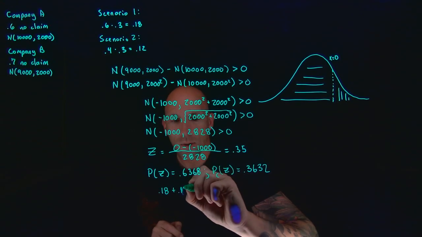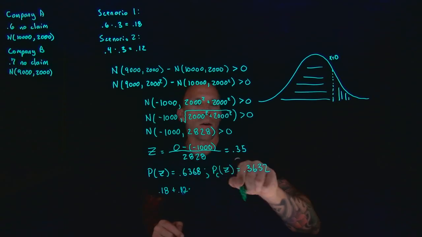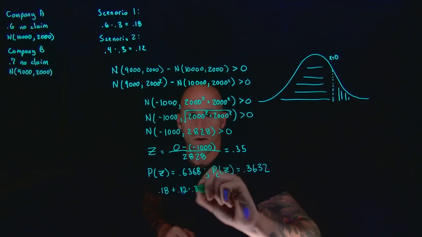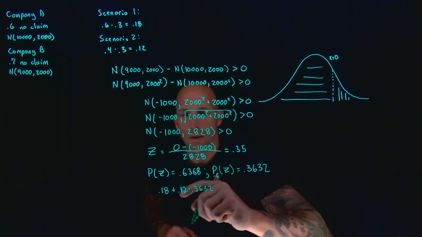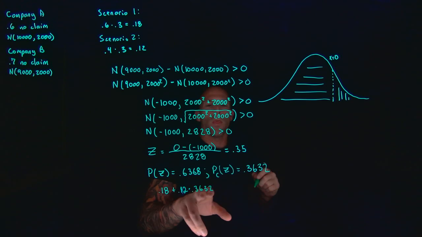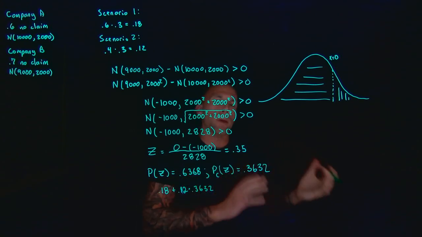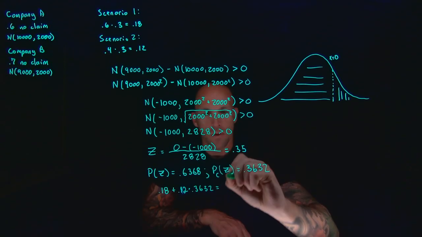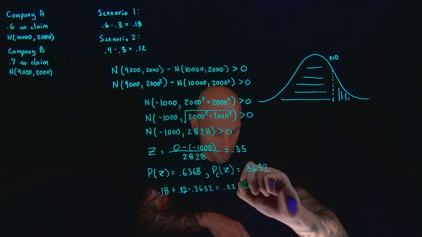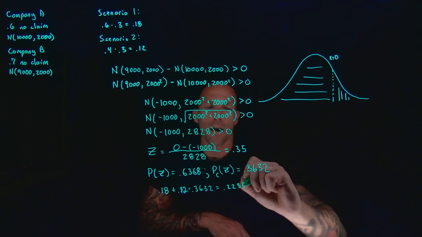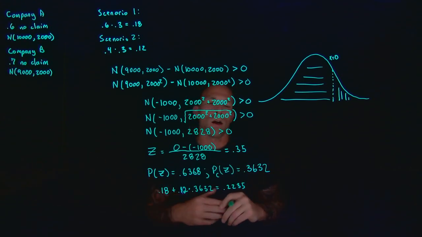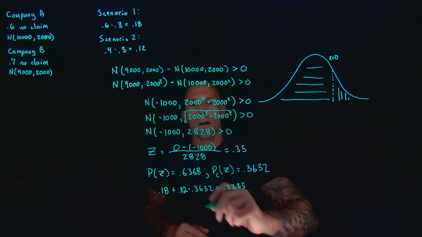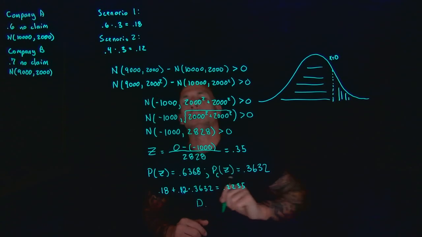And in the event that we have claims for both, there is about a 36% chance, we'll say, go ahead and write out the full decimal there, that the claims for B will be greater than the claims for A. And of course, we can do the math there to get a final answer. And that would match answer choice D, about 223. So that's the final answer.